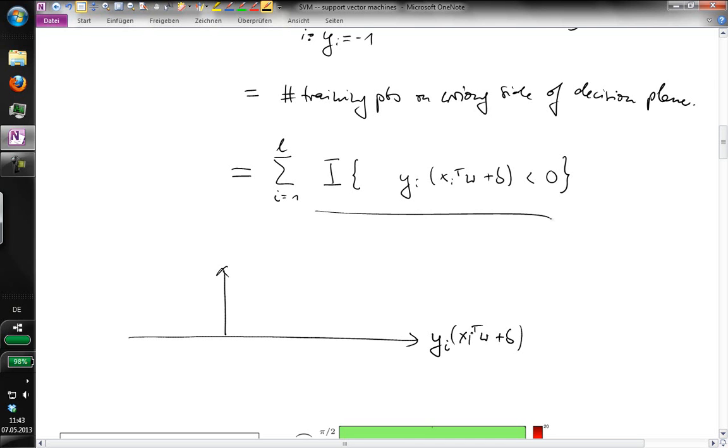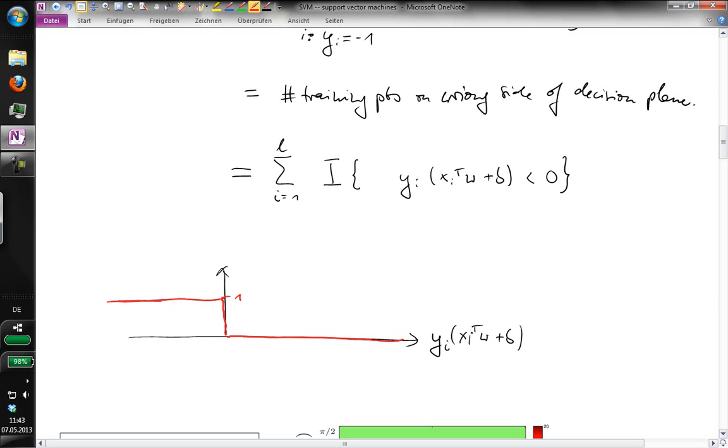If this quantity is larger than 0, then my indicator function is 0, and I incur no error. This is the red line. But if I'm on the wrong side of the decision boundary, then my indicator function jumps to 1, and I have this error here.